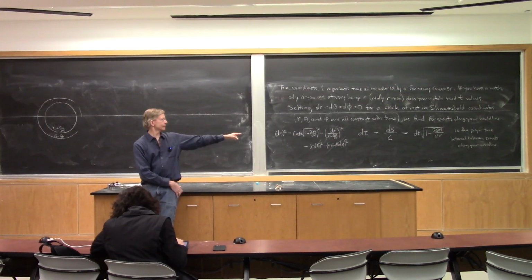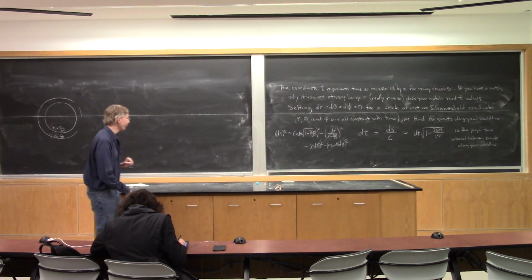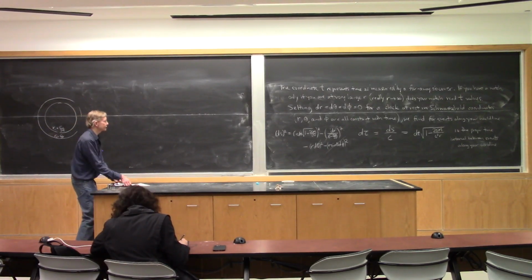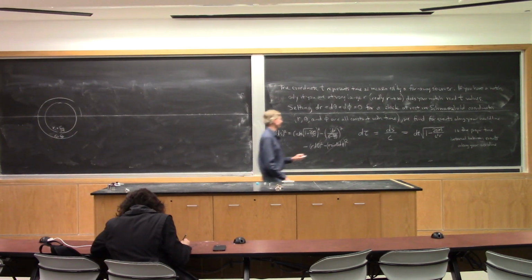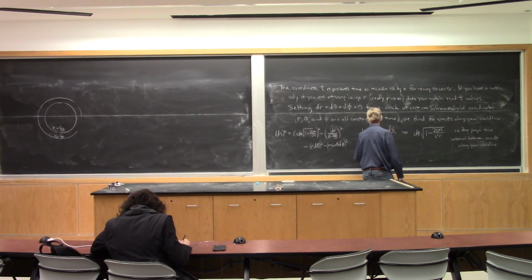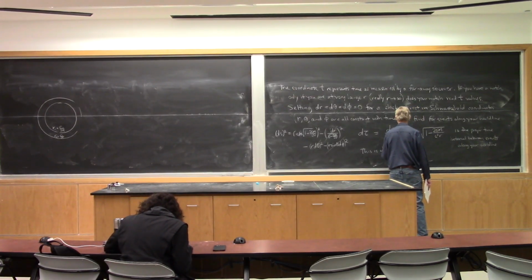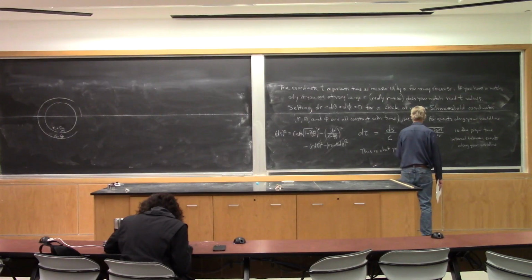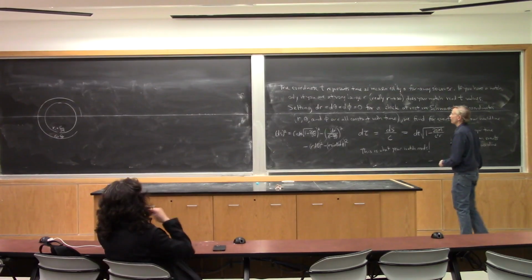Your watch is reading dt times the square root of 1 minus 2GM over c squared r. That's the time as read on your watch.